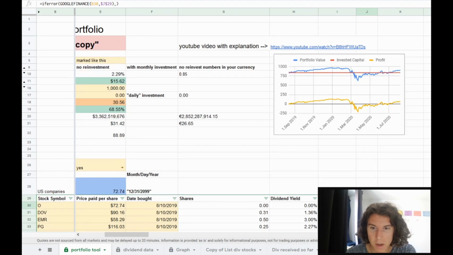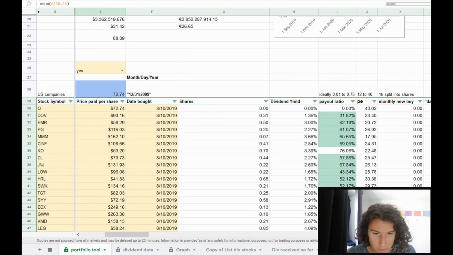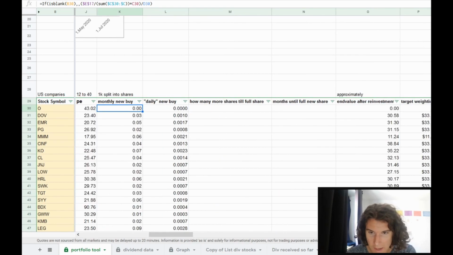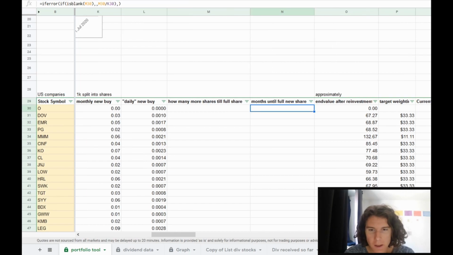If you invest some money into this part, say you invest another 100 per month, then you see the monthly new buy adapts, and you buy like 0.05 shares per month, and daily that would be like 0.0017 shares. And this part we can later see how many months it takes until we get a new full share if we don't allow fractional shares.